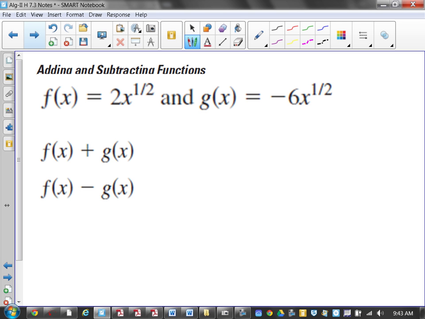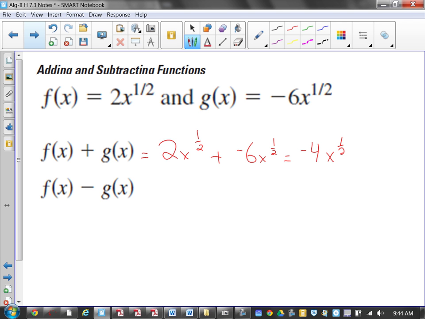So in this example, f of x is 2x to the half, g of x is negative 6x to the half. What do you get? Negative 4x to the half. All you're doing is combining like terms. Does that make sense? Works the same with subtraction.